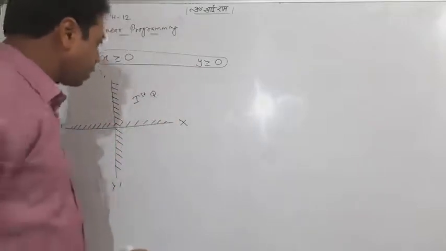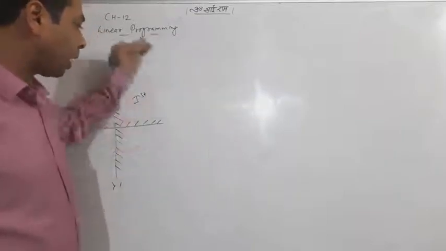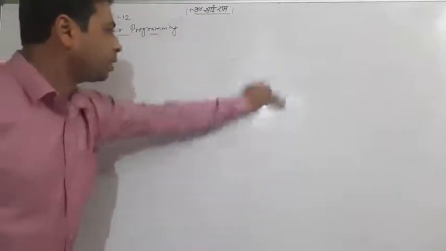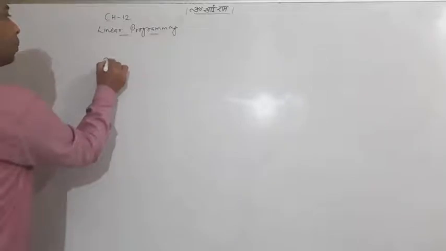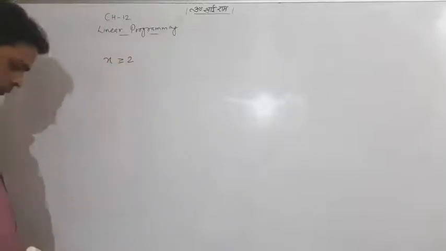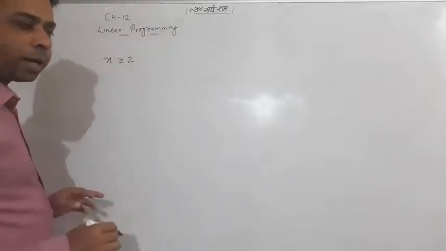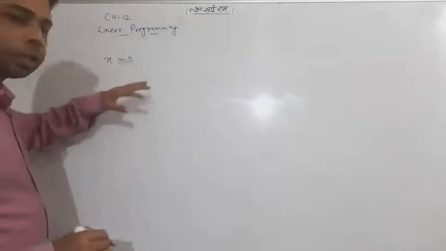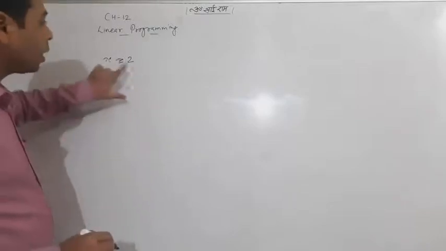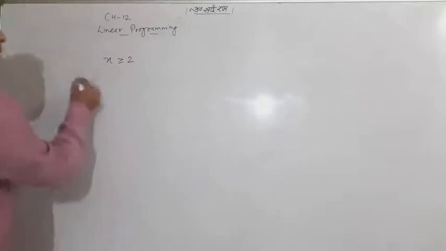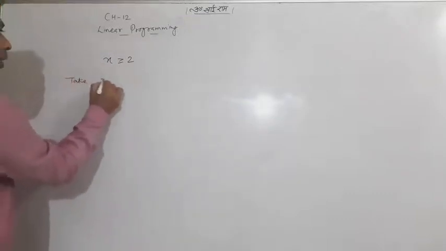Okay, now next, this is a famous one. I started with this. Now let me explain something about it. Suppose you have this situation. Whenever this condition comes, first you take equal to instead of this sign, taking x equal to 2.